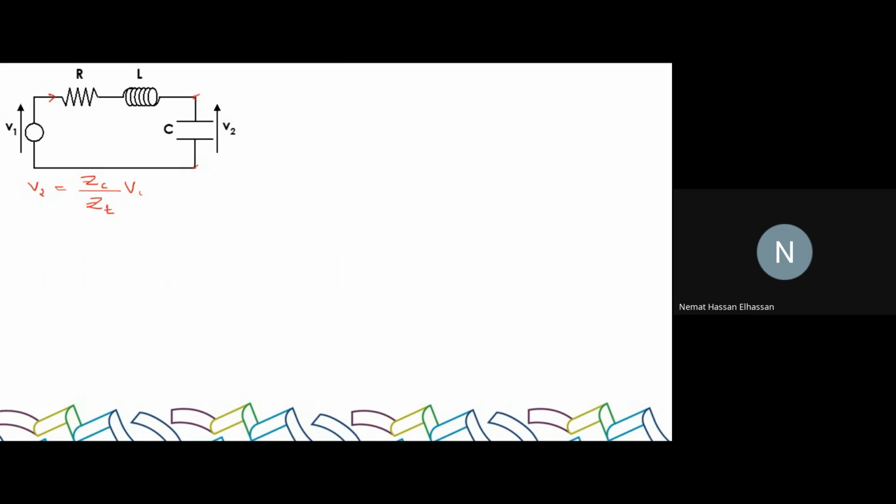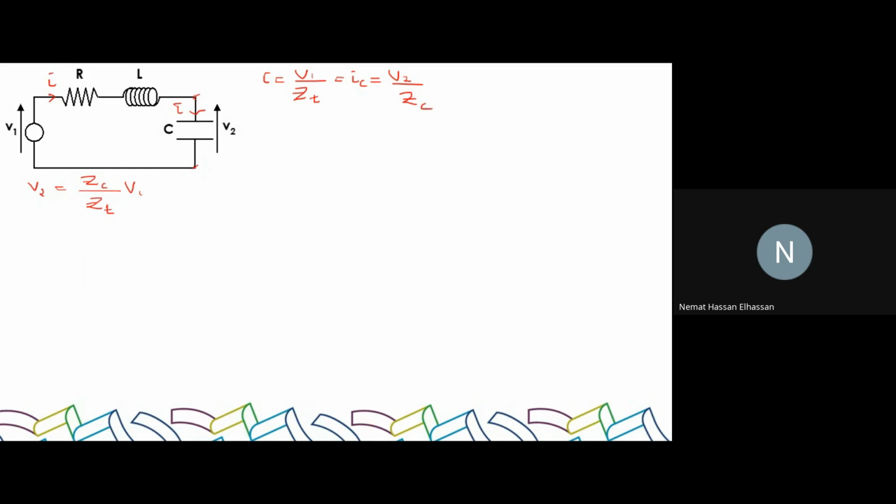Where does that come from? From the fact that this current is exactly the current passing through the capacitor. That current is equal to the voltage divided by the total impedance, using Ohm's law. And the current passing through the capacitor is equal to the voltage across the capacitor divided by the capacitor's impedance.